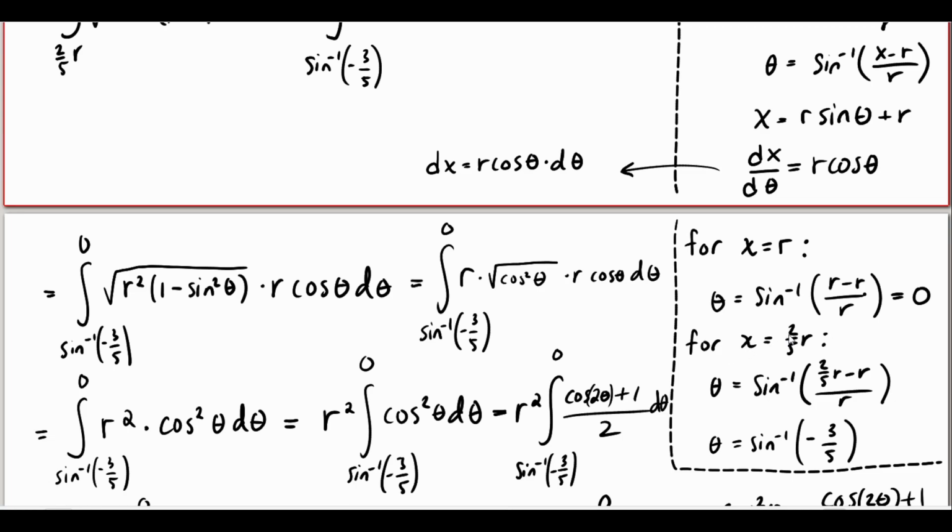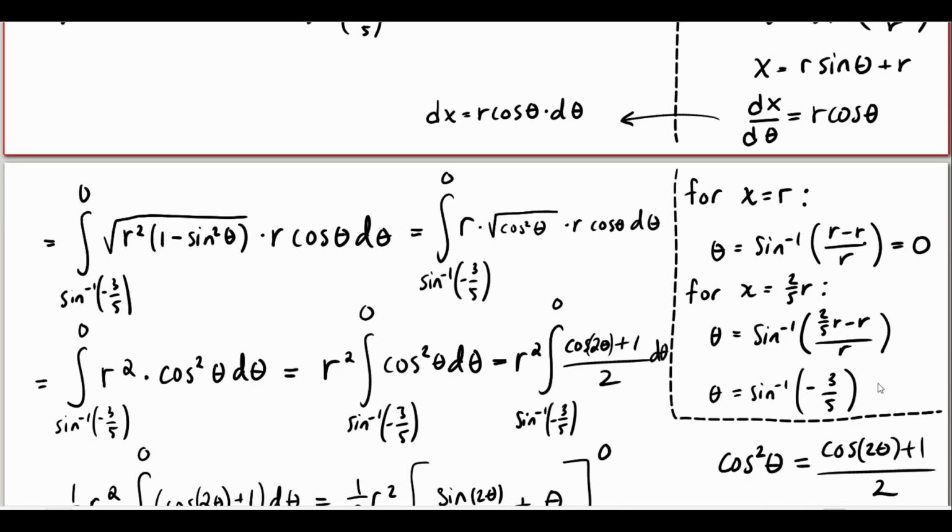And then for x equals 2 over 5r, we get theta equal to arc sine of 2 over 5 r minus r divided by r. So we get minus 3 over 5 here.